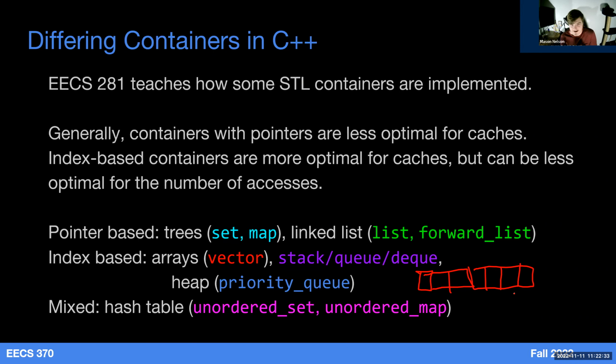But again, that's an example of something that can be used the same way in code as a set or a map, as a tree. But the actual under-the-hood implementation of these unordered data structures is very different. And so one's better for caches, one's worse for caches in certain situations. So as programmers, we need to know which one is going to be better.